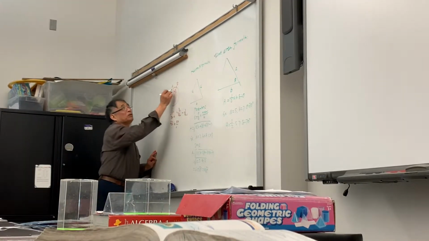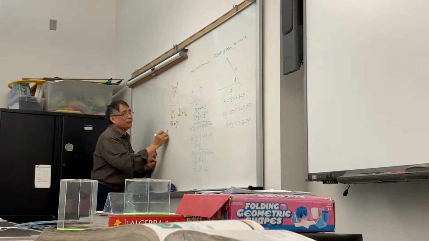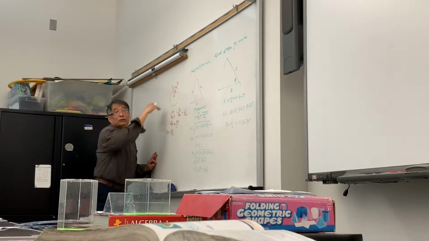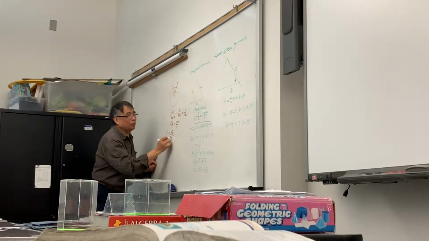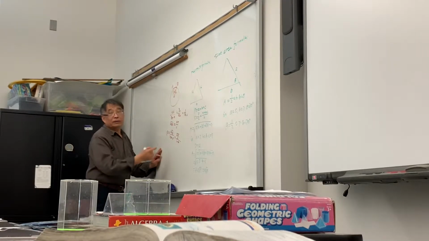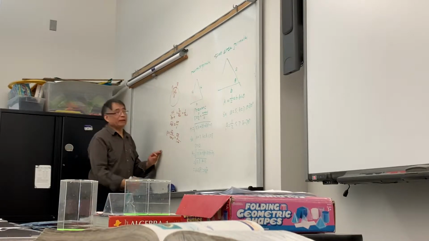Now, we want to find the probability of arc AB to the whole circumference, 2 pi times 5. You get 5 pi over 6 over 10 pi.